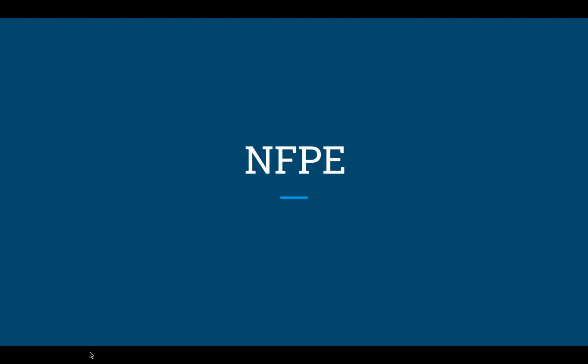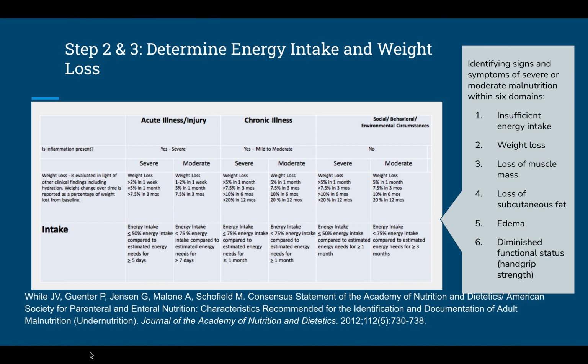Now, when the patient is in the hospital, how do we diagnose malnutrition? Well, this is when we roll up our sleeves, put on gloves, and go and see the patient. But before we see the patient, we want to evaluate the chart, and we need to be ready for some questions.